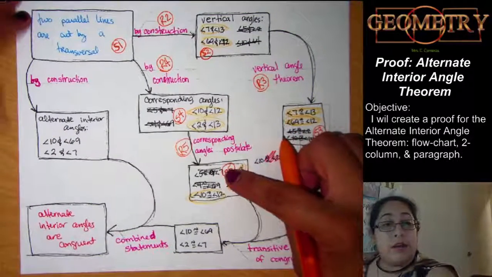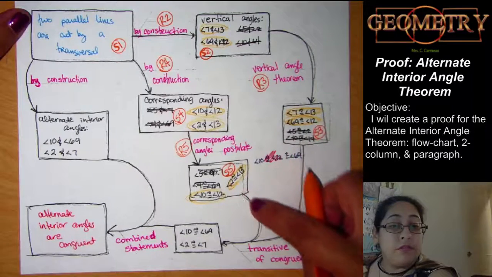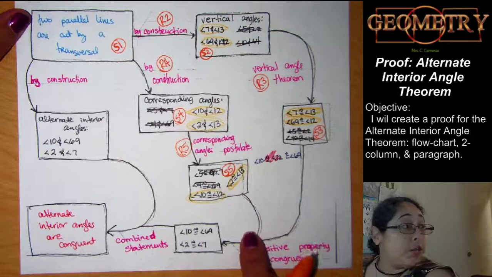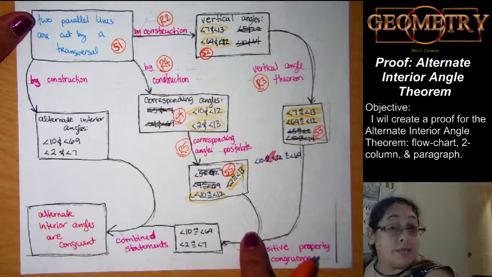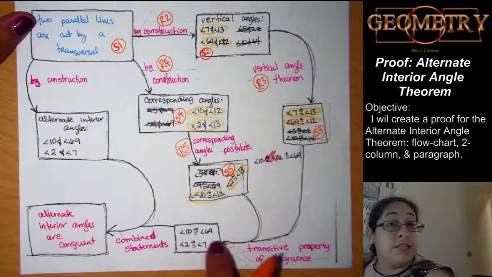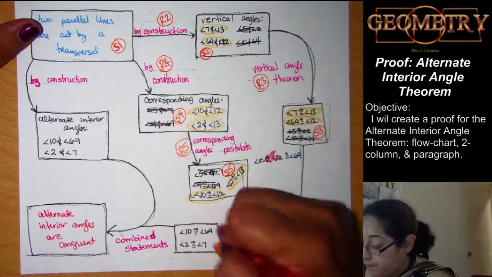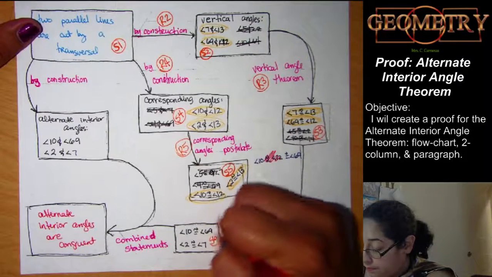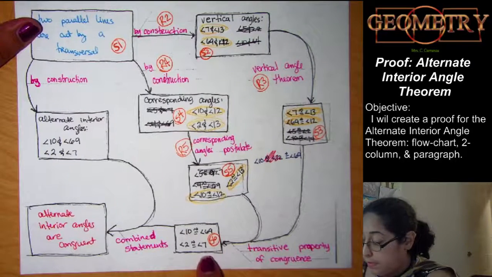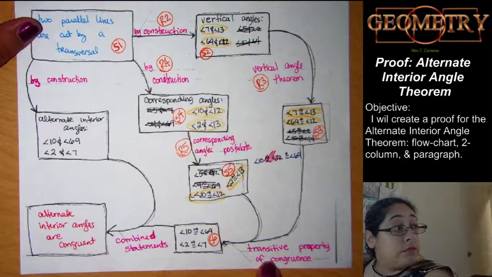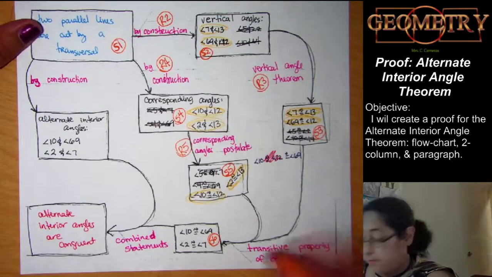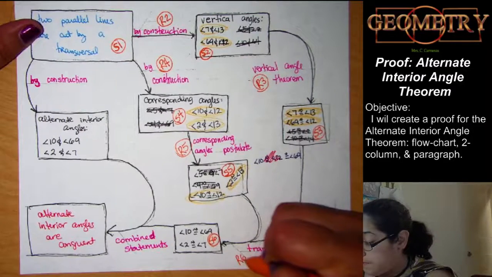Leaving statement number 5, can we now continue past this junction? Yes, because the statements above it on both branches are filled in, which means this is statement number 6. Here's the reason for that statement. Reason number 6.